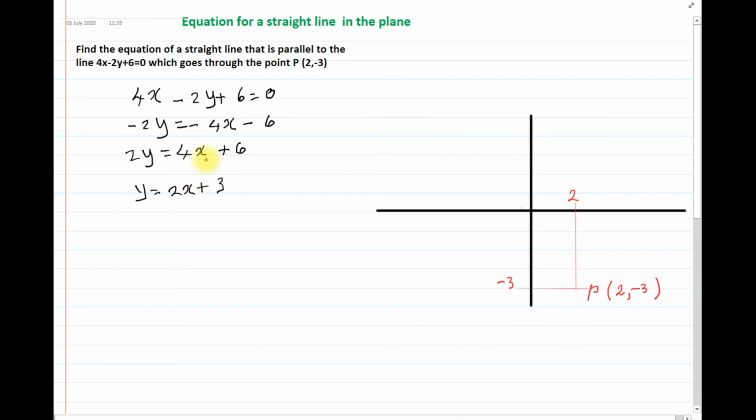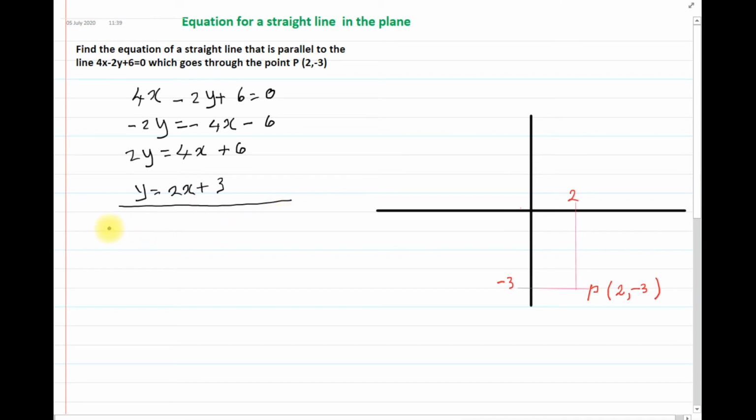So what we need now is to write an equation of a line that passes through this point P with coordinates 2 and minus 3 and has got a gradient of 2. Now, in the previous section, we did exactly this exercise.